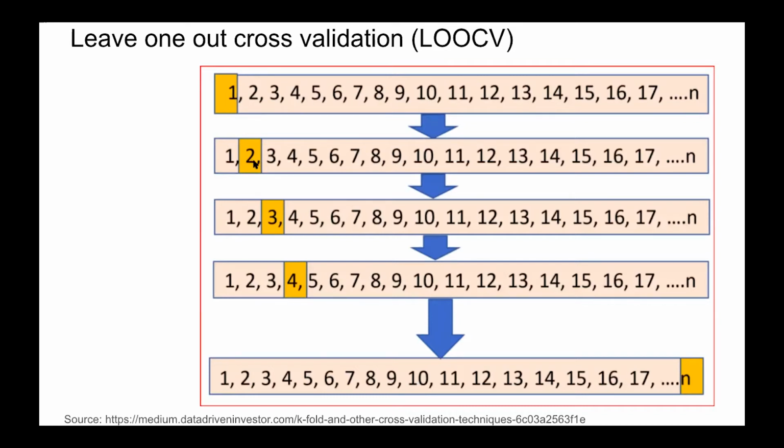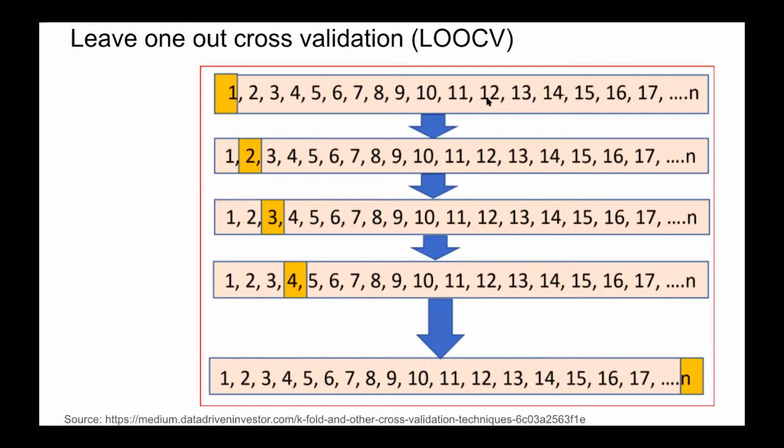Then you fit another model using all the observations but not the second one. You continue fitting your model on the whole data set but leave one out, so by the end you are fitting n models on n different data sets.